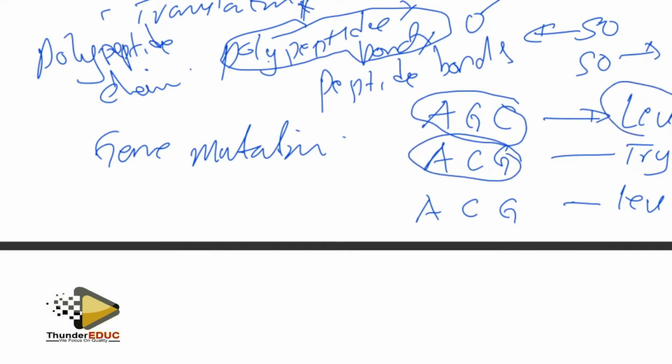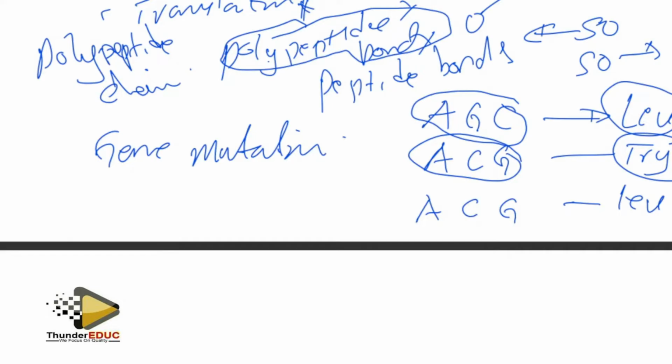Because you form a different amino acid, the functioning of the protein will change. So you have to tell us that when AGC is changed to ACG, tryptophan will be added to the polypeptide chain instead of leucine.